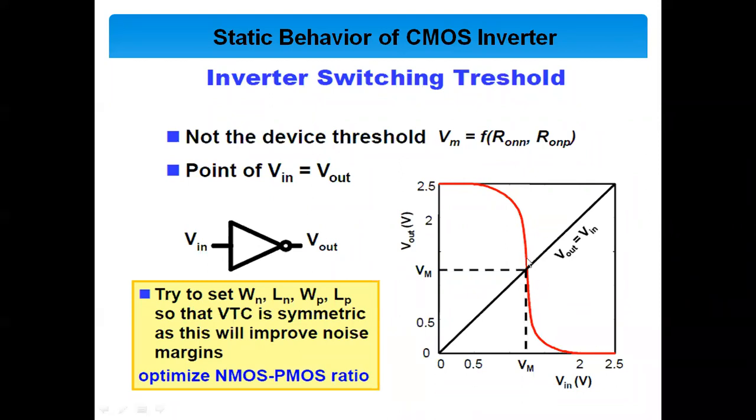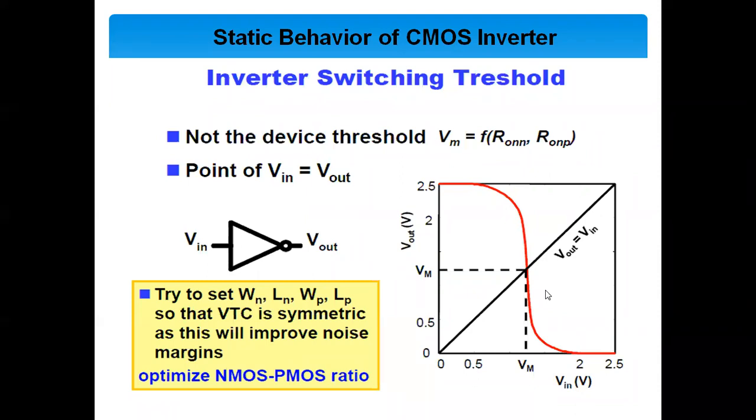The midpoint is nothing but the switching threshold. This is the point where Vin is exactly equal to Vout, the very middle portion of this linear line. This is called the switching threshold.